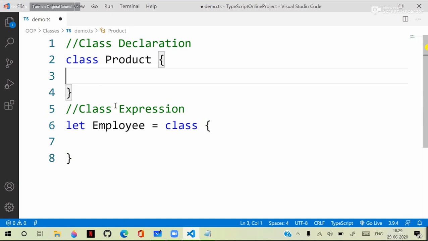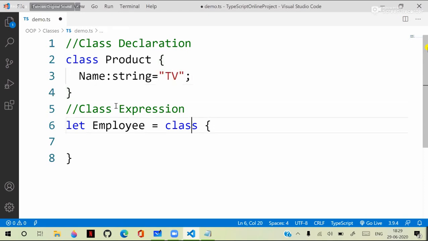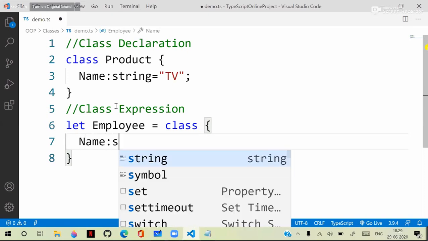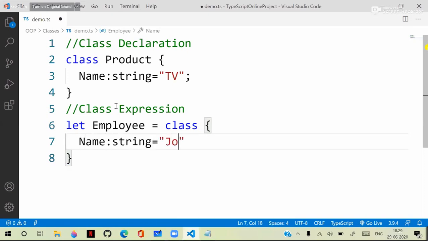Suppose, how to create members I will tell you later. This is name. It is a string type, like John.